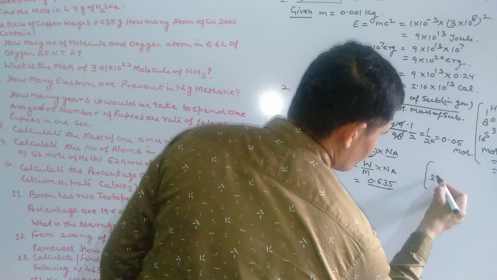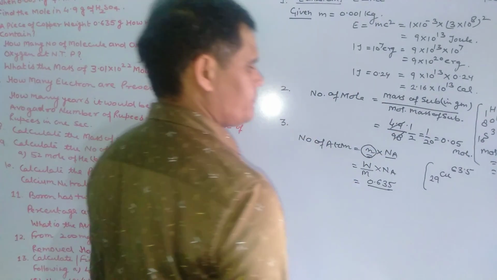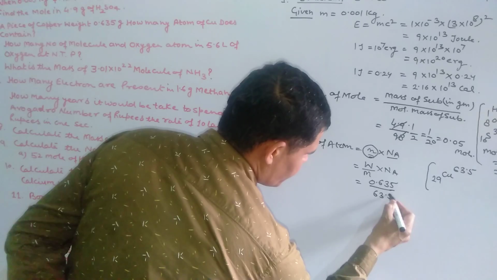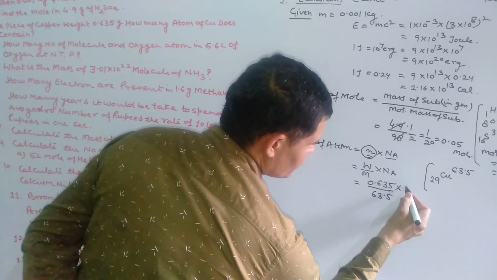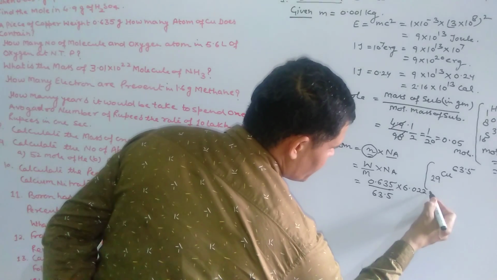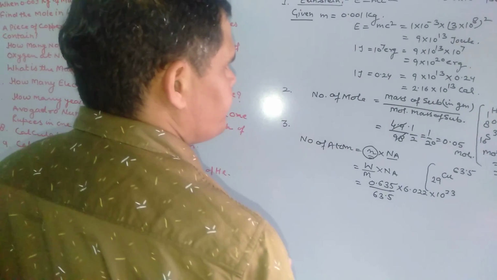Copper is 29, copper 63.5, that is 63.5 into Avogadro number 6.022 into 10 to the power 23.